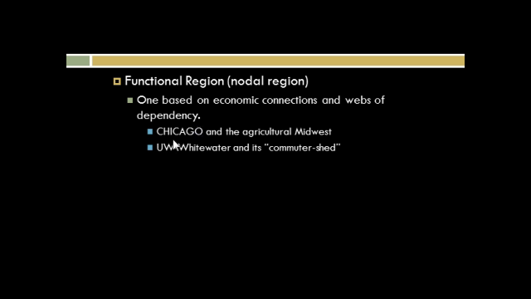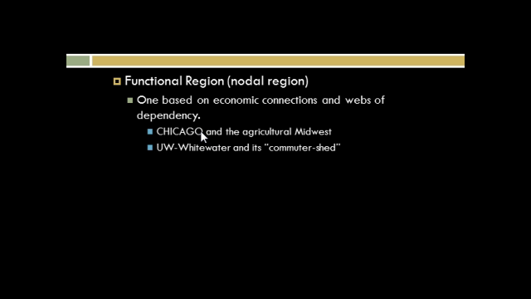Chicago is economically connected to the agricultural Midwest in multiple ways, just as the agricultural Midwest is connected to and dependent on Chicago. So webs of economic connections and dependency link the city of Chicago, which is basically the capital of the Midwest, with the agricultural land nearby in the surrounding and adjacent states.